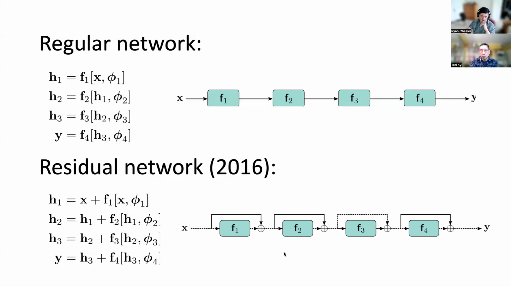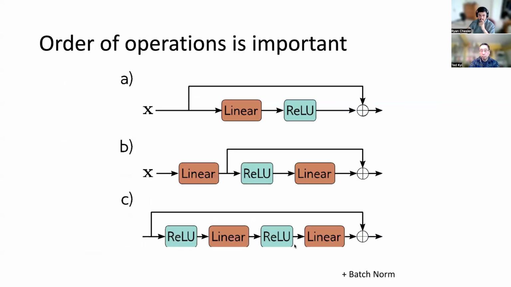So people found that this allowed us to train much deeper networks without that problem of, beyond a certain point, we just couldn't train them. They weren't converging. One of the things that they're pointing out here is that the order of operations is actually important. In these residual connections, depending on how you're passing the information forward, you can do things in all kinds of different ways.